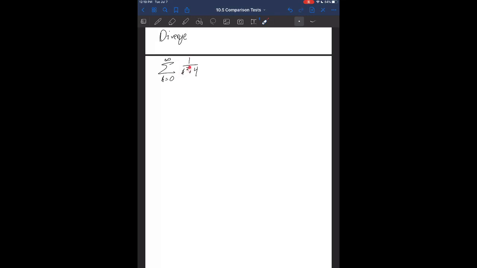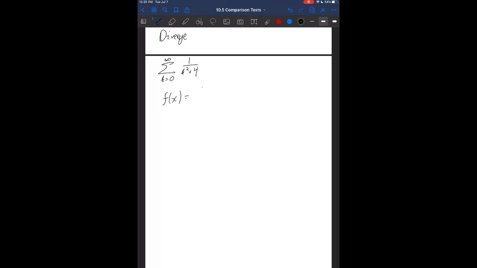Now, we should probably expect in this case that the series is going to converge. Again, the reason is it looks a lot like the series of 1 over x squared, which we do know converges from our p-series test. But we do actually need to go through the process of proving that it does converge.